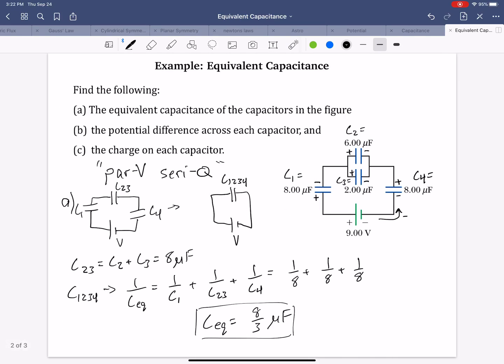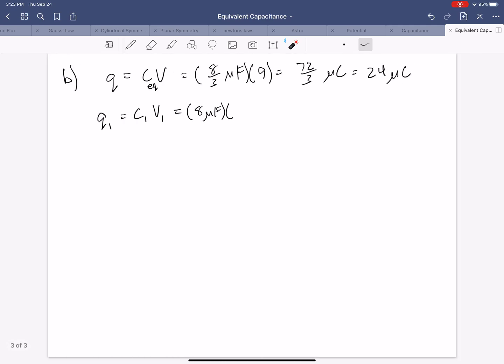What was the voltage? No, I'm sorry. I'm getting ahead of myself. Sorry, we're doing the voltage, part B. We needed to find the total charge in order to find the voltage across everyone.